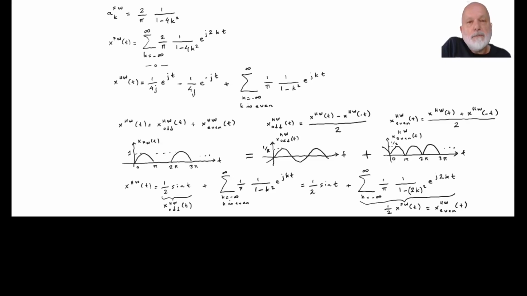In this example, we illustrate the properties of the Fourier series coefficients for the case of real-valued signals. And in particular, we have considered the relationship between the half-wave and full-wave rectified sine signals. Thanks for watching.